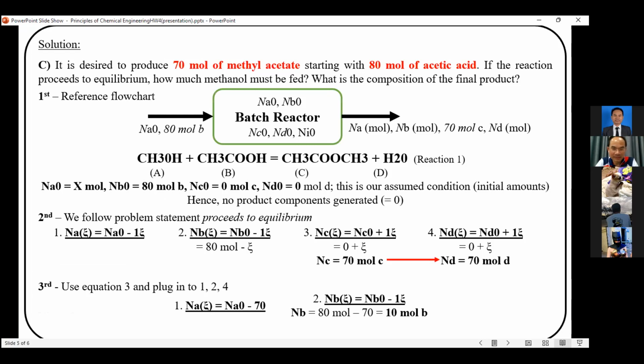So if we are going to calculate it, the fractional conversion XC is equal to NC minus NC0 over NC times 100.